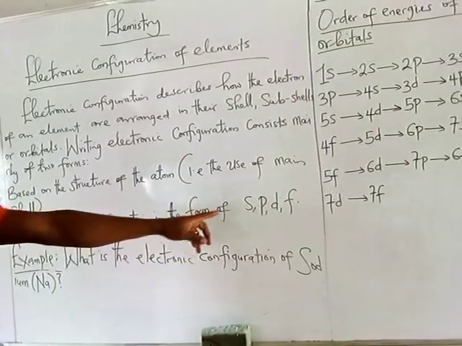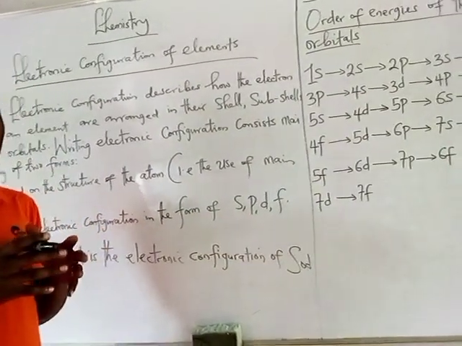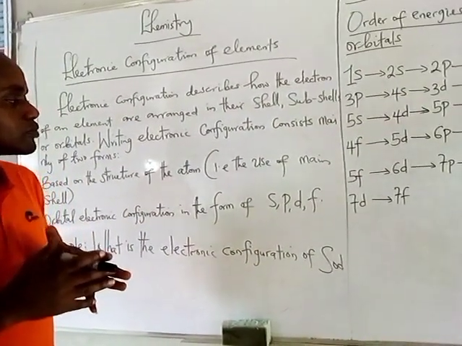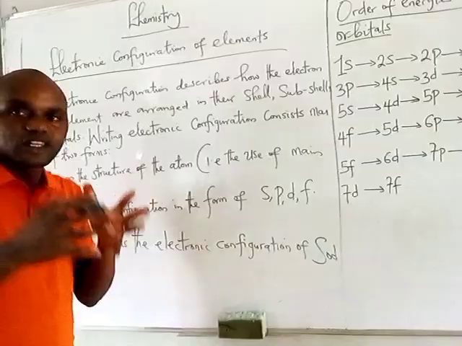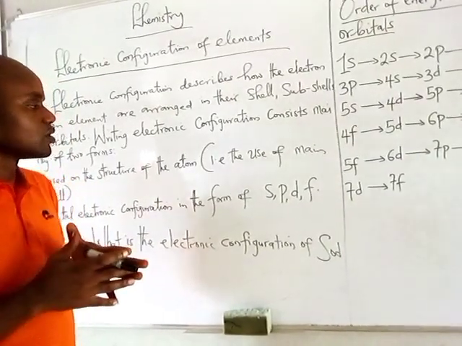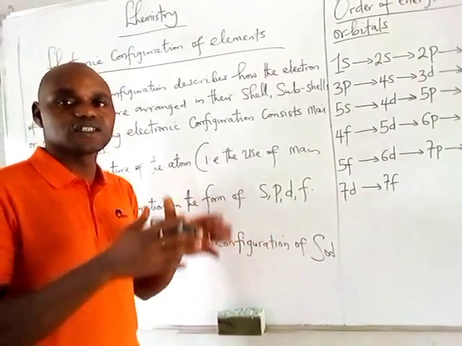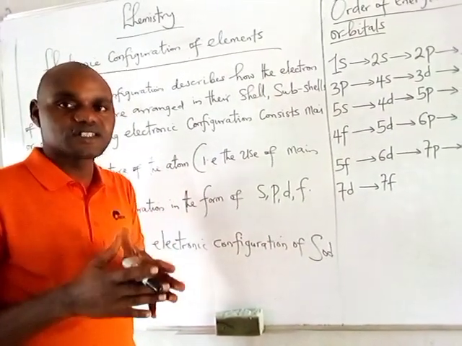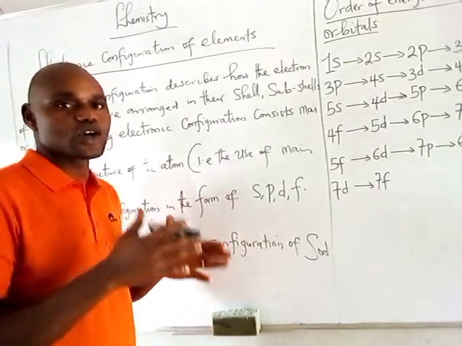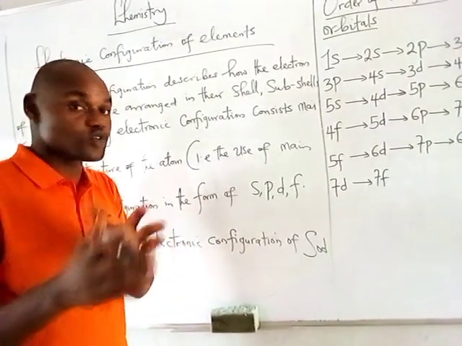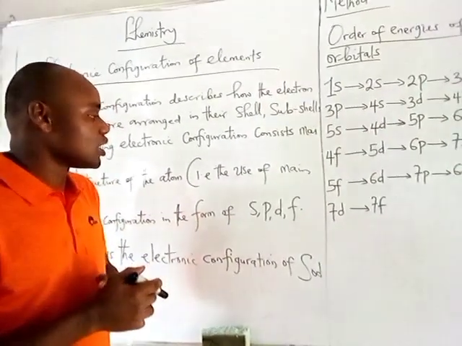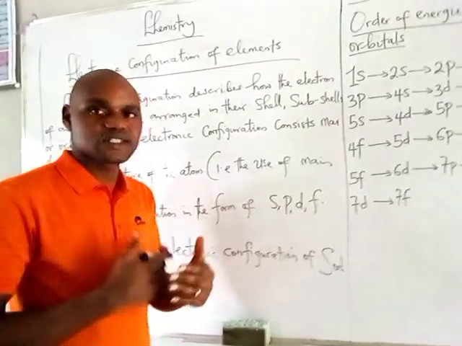When we are making use of the second form, which is the SPDF, we want to take note that the number of electrons will first of all enter the orbital that has the lowest energy level, or the lowest quantum level, followed by the next.